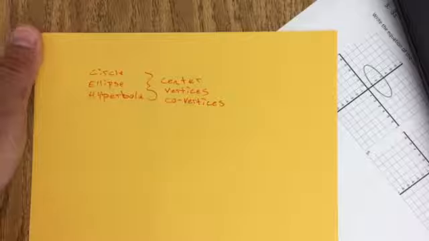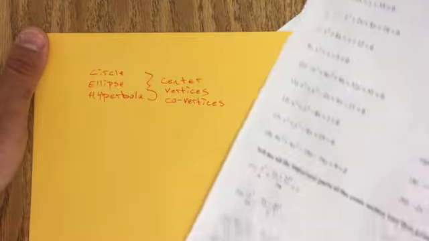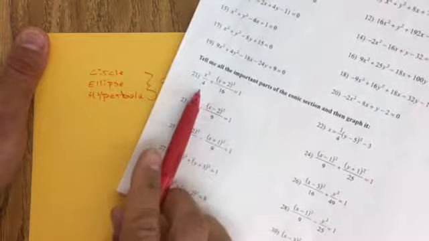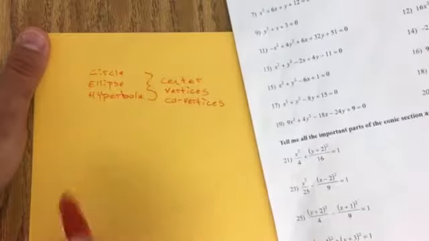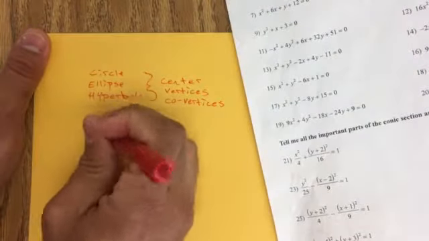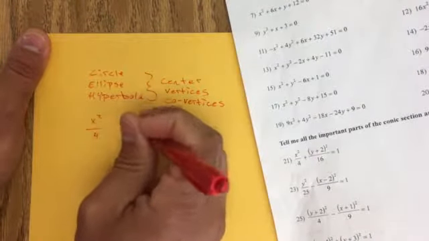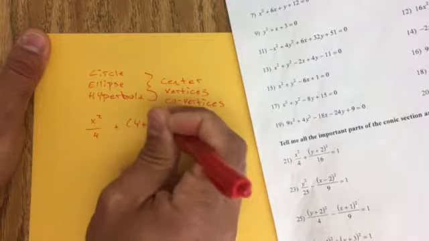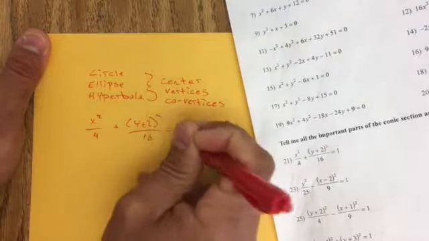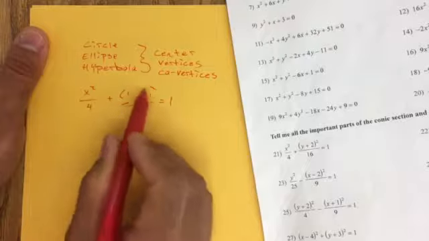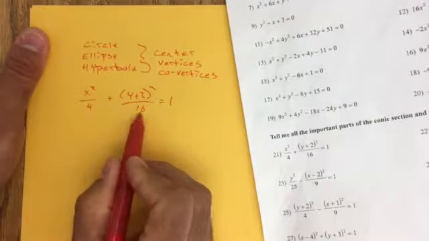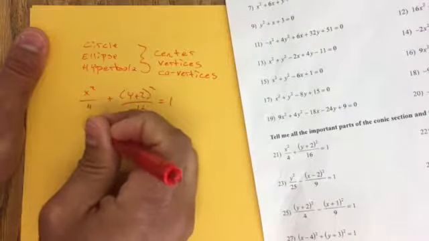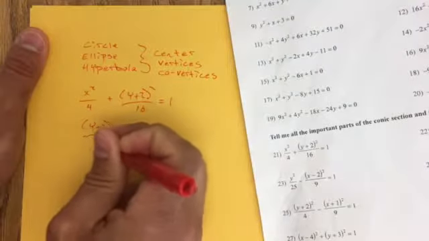as we're going. So, on this one right here, number 21, it's telling me x squared over 4 plus (y plus 2) squared over 16 equals 1. This is a vertical ellipse because this has the a squared underneath it, so it's actually in the wrong order. I'm going to reorder it.